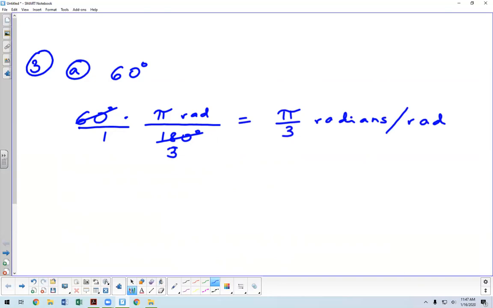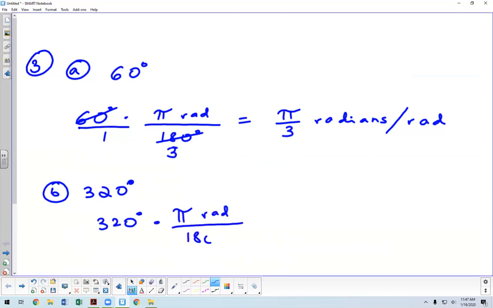What was our other angle? 320 degrees. Alrighty. So for 320 degrees, same thing, you're getting rid of degrees, which means pi goes on the top, 180 will go on the bottom.